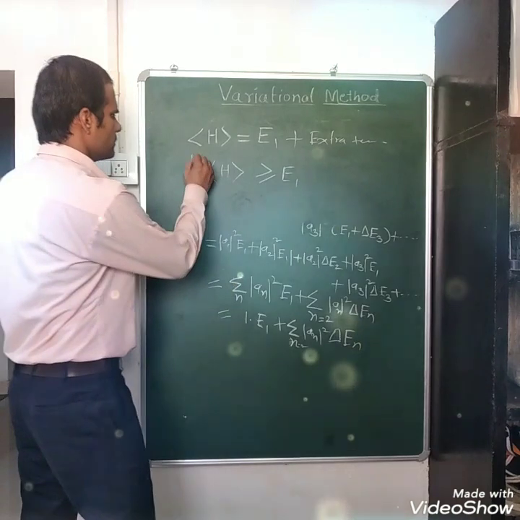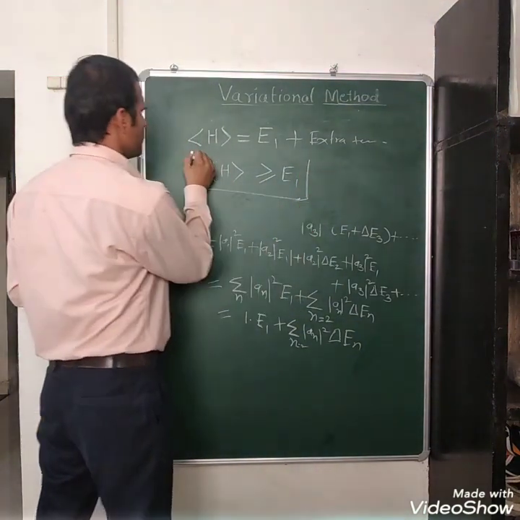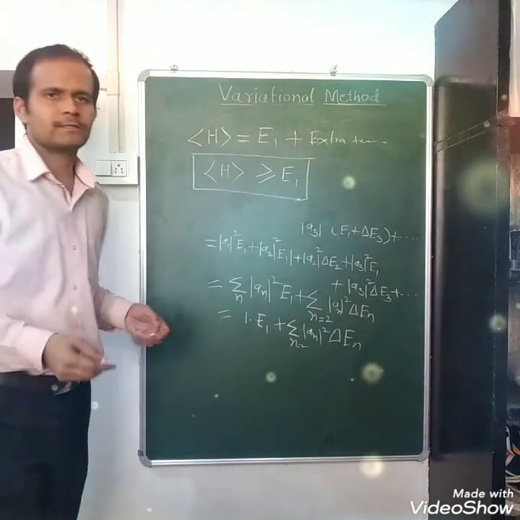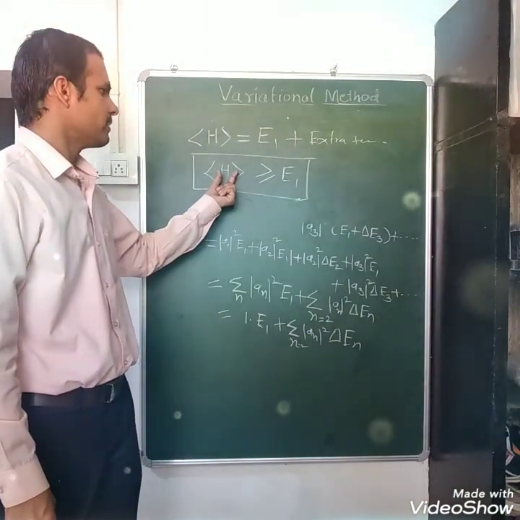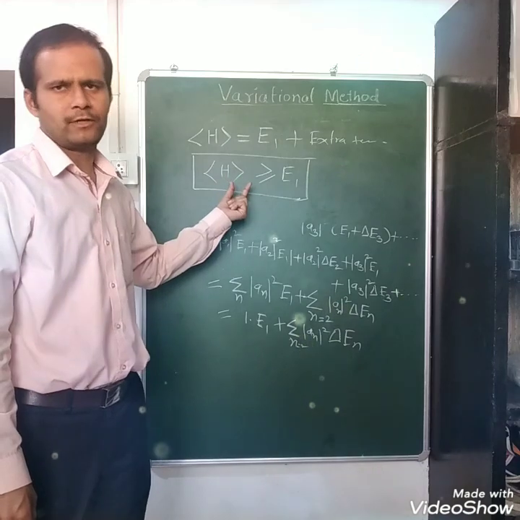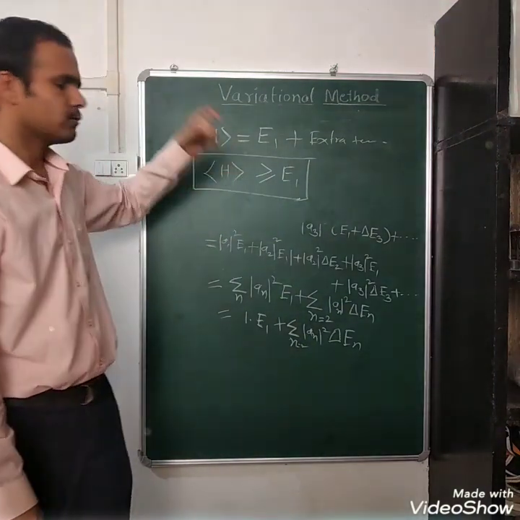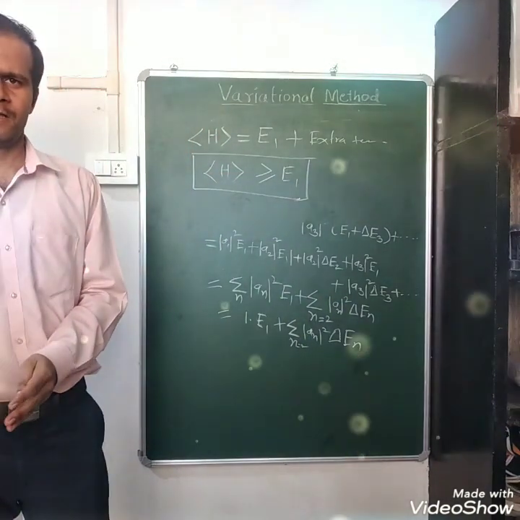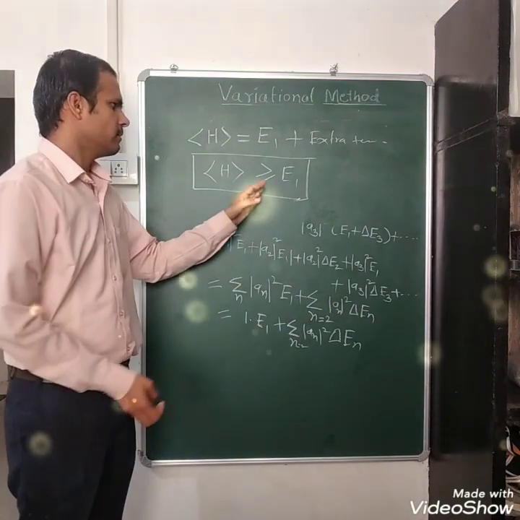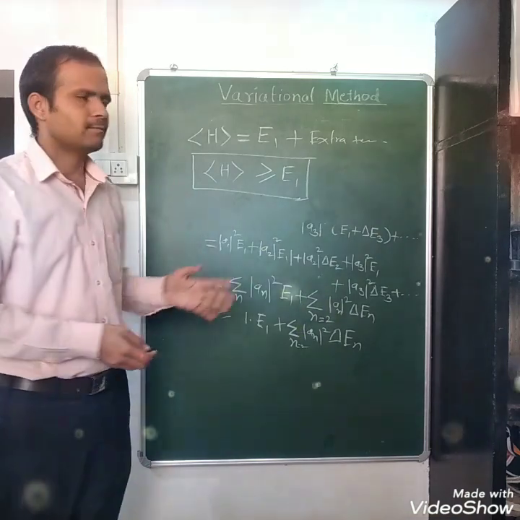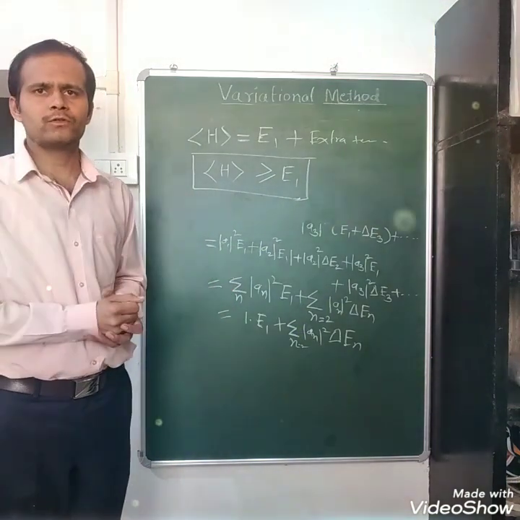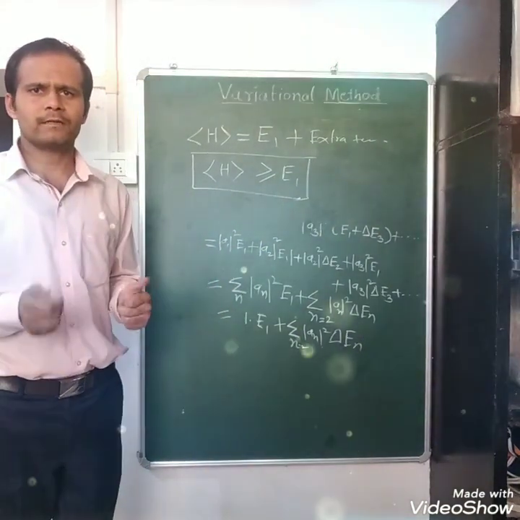So this is the principle of the variational method, and here this is the expectation value of the Hamiltonian with respect to the trial wave function. This gives us the energy eigenvalue for the ground state, and this method is mostly used to find the ground state energy.